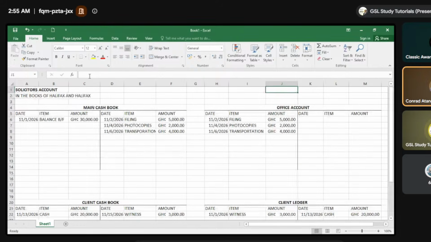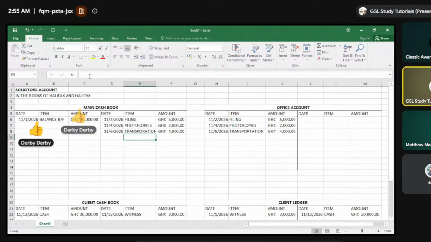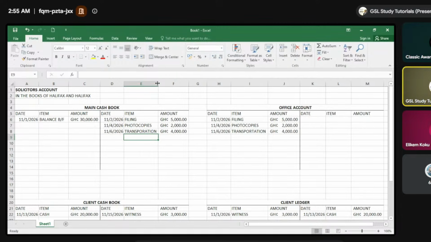Good. Are we all on the same page? That's cool. Is there anybody who doesn't understand? Gideon, yes, Cecilia. Go ahead. I'm saying that with the main cash book, except the balance brought forward, all the other transactions are going to the credit side.